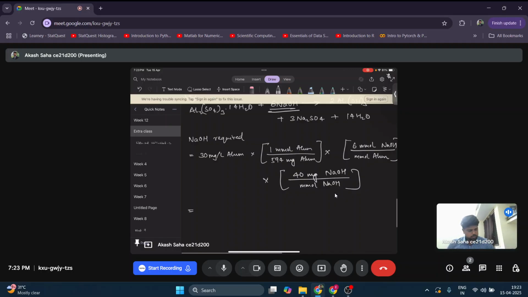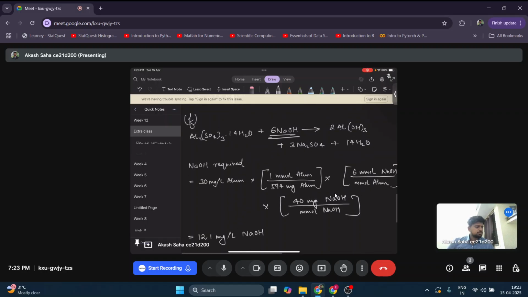So this will be equal to around 12.1 milligram per liter NaOH. Okay, so that's it. So this is how you have to solve it, right?